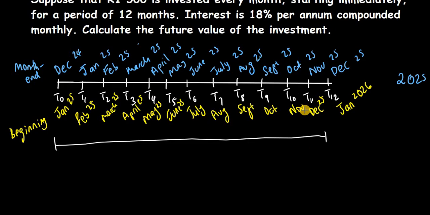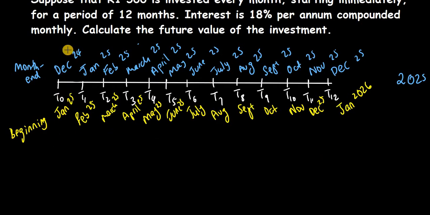When you are working with future value payments, the last payment should not earn any interest. So if you end here, what is going to happen to the payment you make in that December? Do you see that it's going to earn interest for a month? So that means it would be wrong to end there. You would need to go until there.